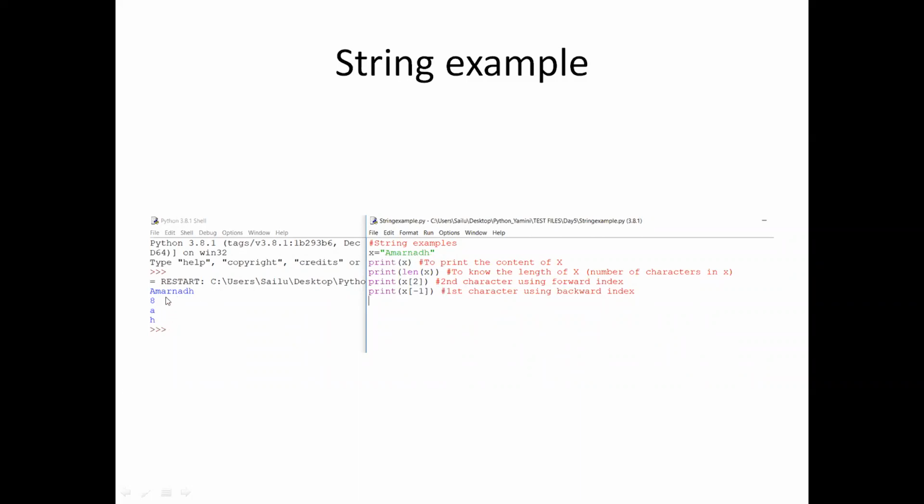You can see the outcome: since I want to print x, the system printed Amarnath, and the length of x is 8, as the system counts how many characters I have. And I want to retrieve the third character from the string. So 0, 1, 2, the third character, so I'm getting a.